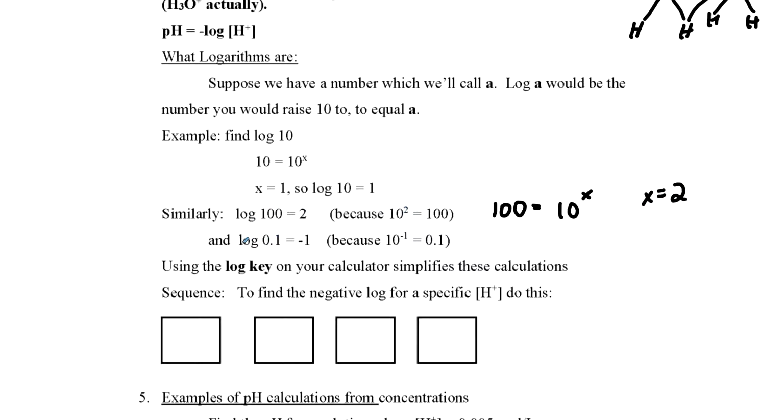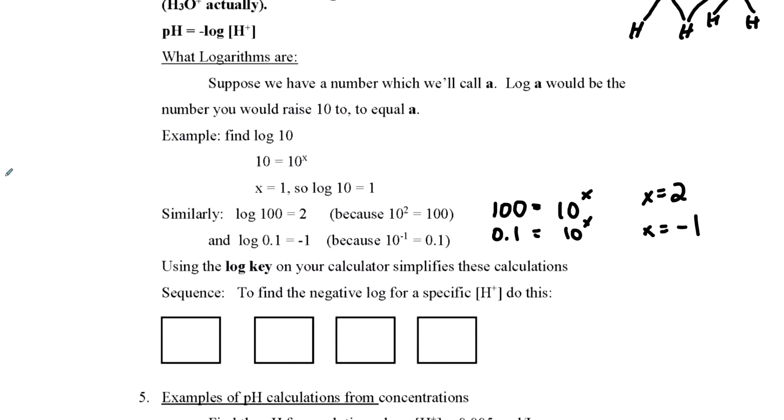Another one you could look at is log of 0.1. If you rewrite that, 0.1 equals 10 to the power of x. What does x have to be in order to equal 0.1? X has to be negative 1. So that's what a logarithm is.